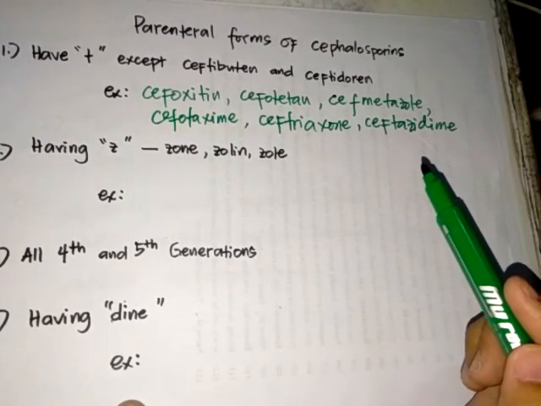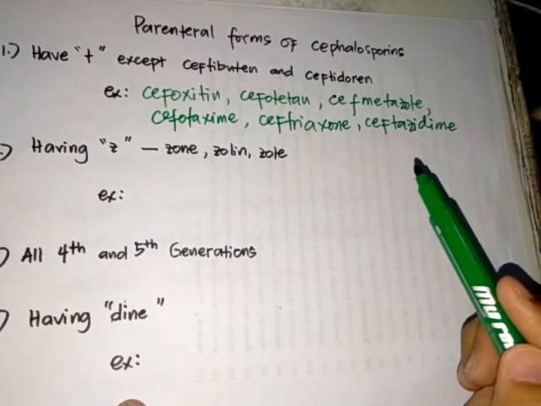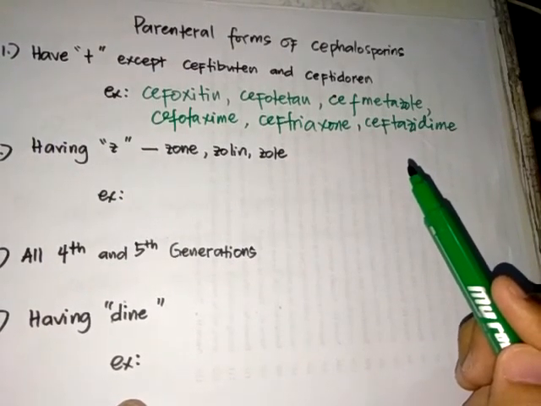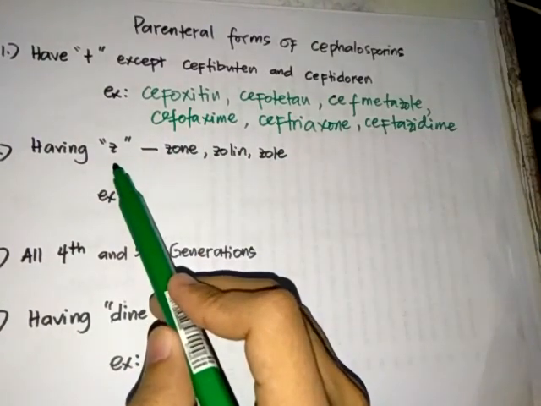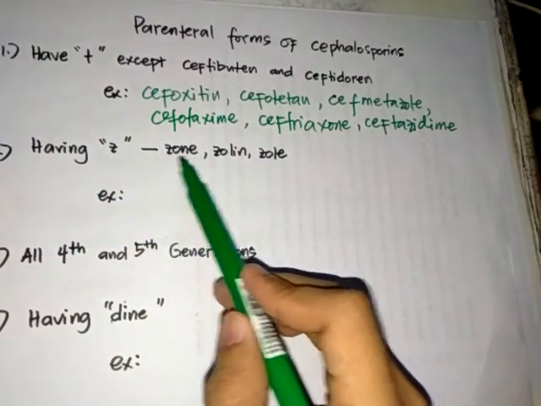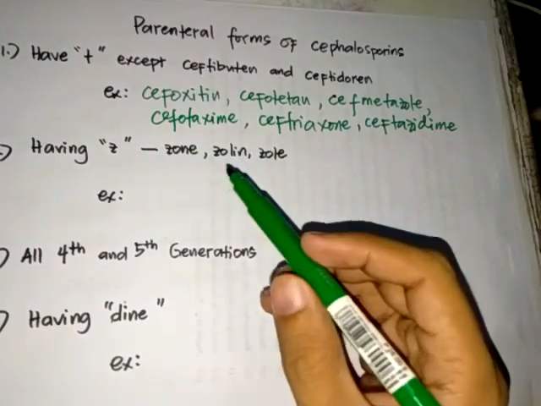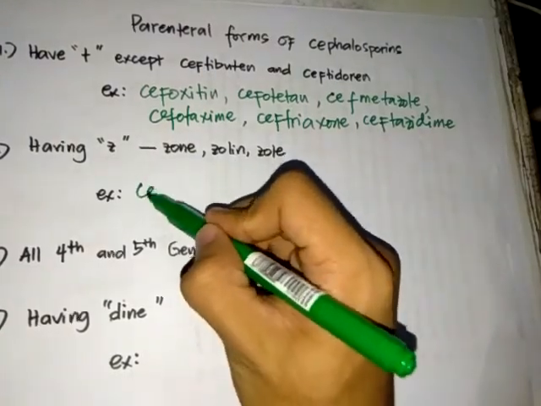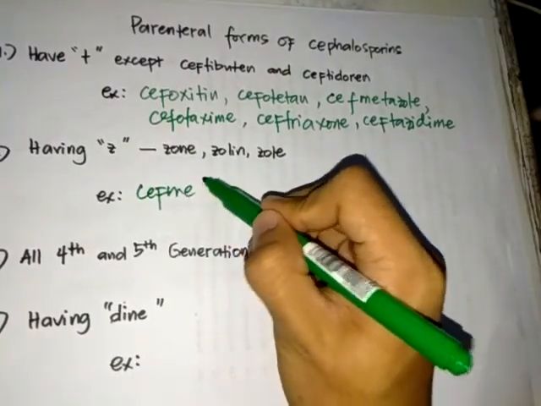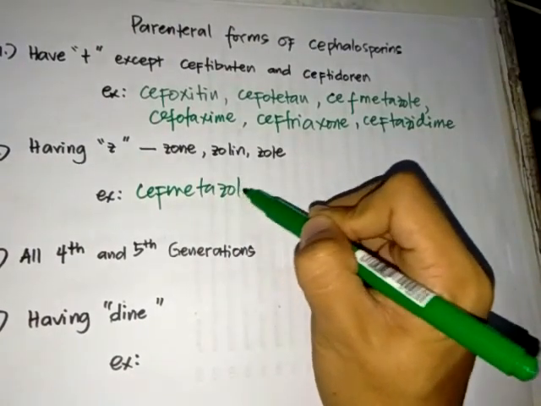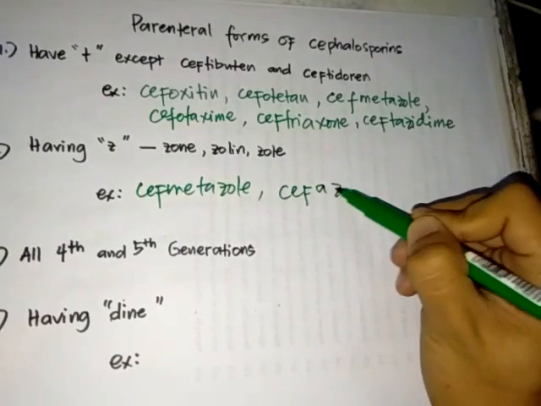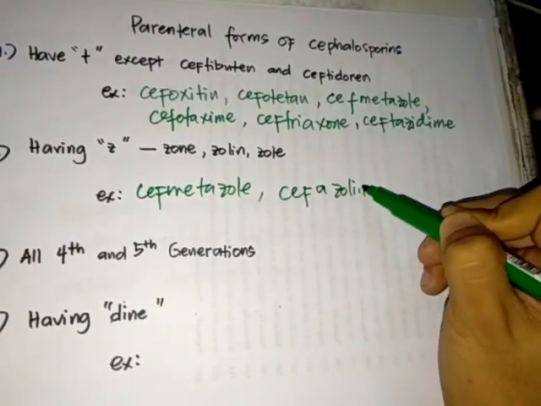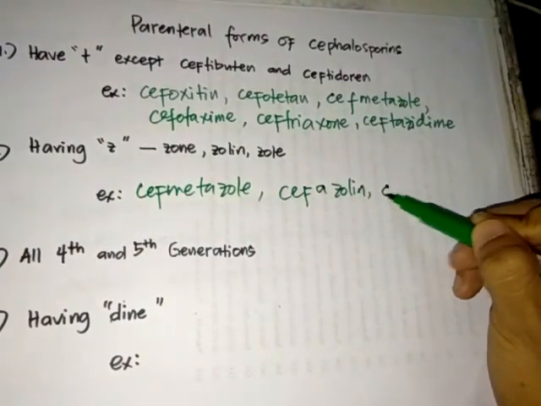Another consideration that you will know that it is a parenteral form of cephalosporin. Number 2, having letter Z in their name. Example, like zone, zolin, zole. Example, cefmetazole, cefazolin, very good, and your cefoperazone.